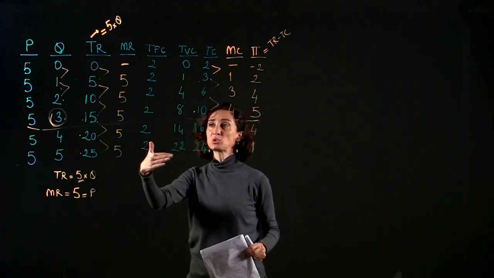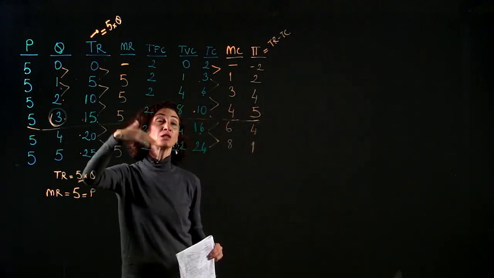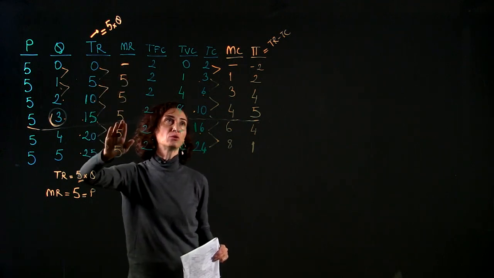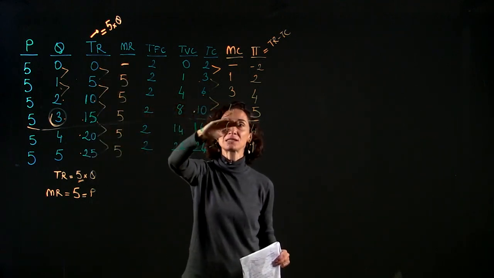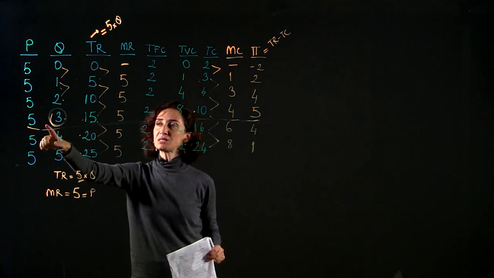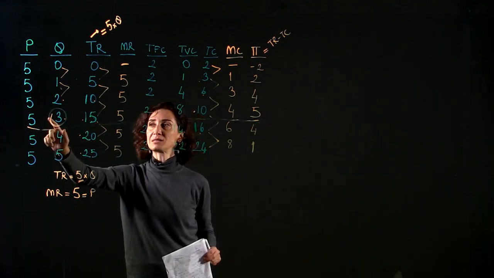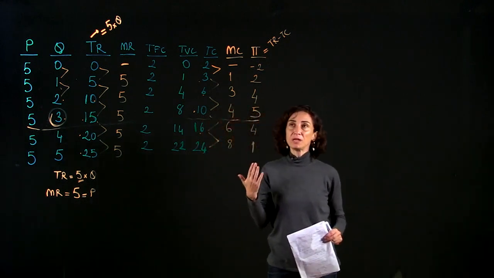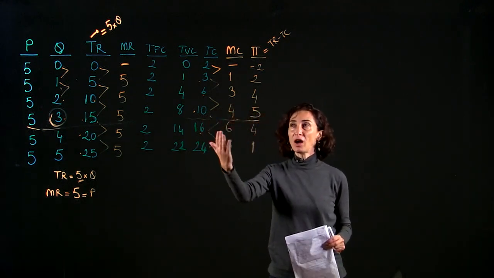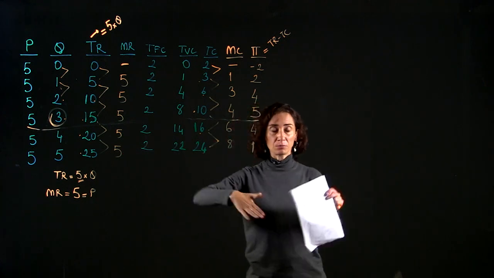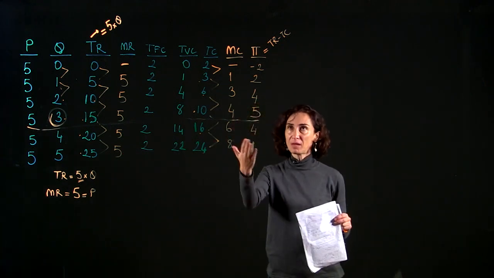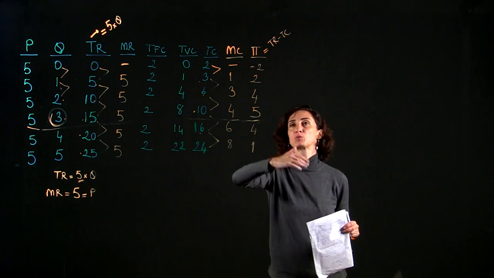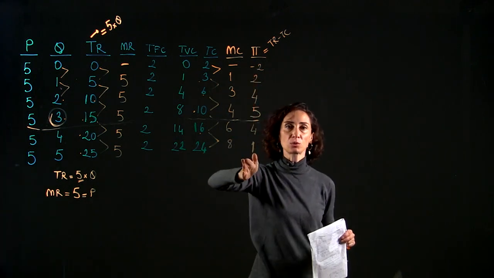You should produce as long as marginal revenue is more than marginal cost and stop when it is not. So this is our profit maximizing quantity. So we actually show that comparing marginal revenue and marginal cost really makes sense. We see it because profit goes up, then it starts going down.